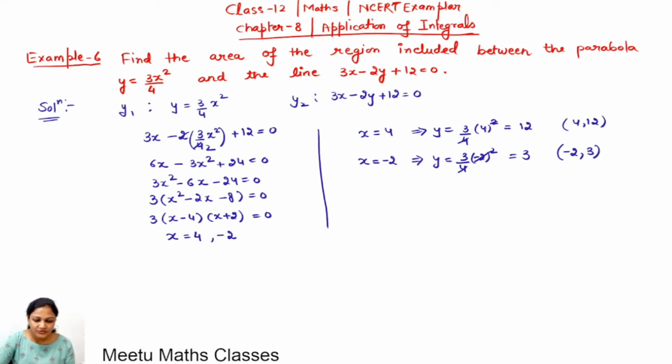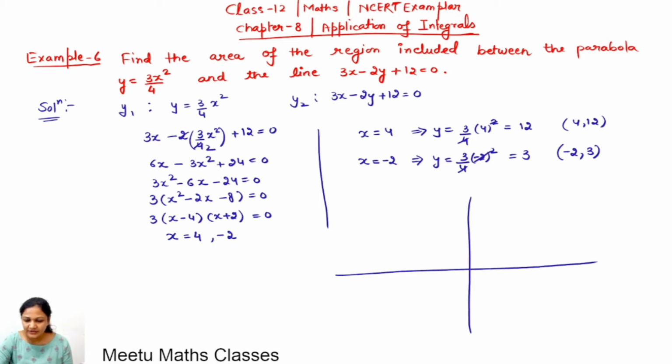Now we can draw the two curves. Your first curve represents a parabola. Your first curve is x square equals 4 by 3 y.